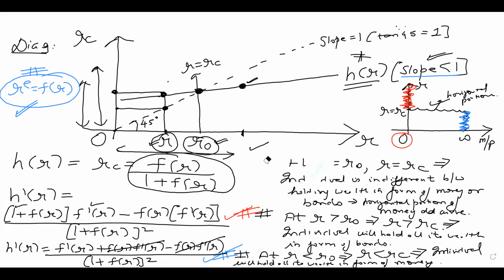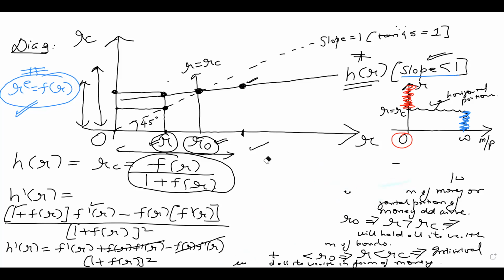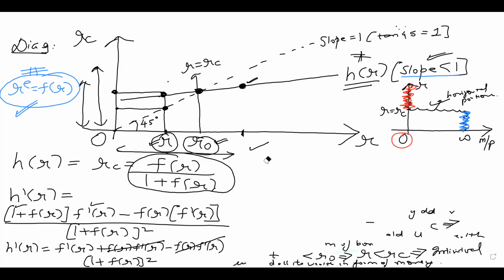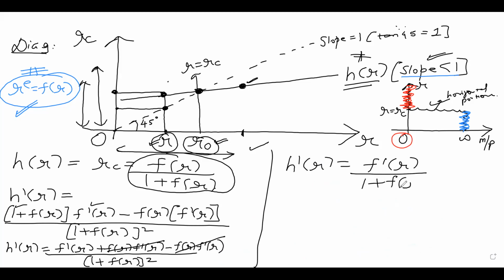If I erase this particular part now, I'm erasing the portion on the right hand side of the screen. Okay, so we can now write the observation. Therefore, my H dash R is F dash R upon (1 plus F of R) whole square.